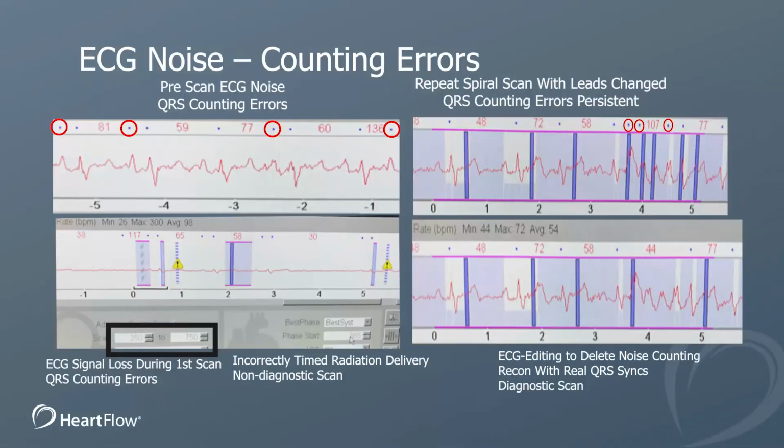The radiation exposure, you can see, we were trying to use pulsing, and when you do that in percentages, because the heart rate was counted incorrectly, you can see the fluctuation because the machine did not know how to appropriately trigger percentages on an erratic heart rate or perceived erratic heart rate. In the end, when this patient's reconstruction was performed with ECG editing, with the appropriate dots above the QRS sinks, the true sinks, we achieved a diagnostic scan.